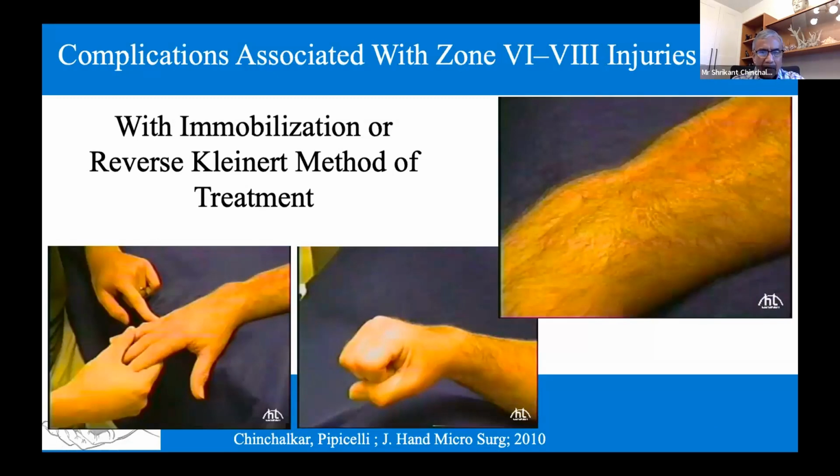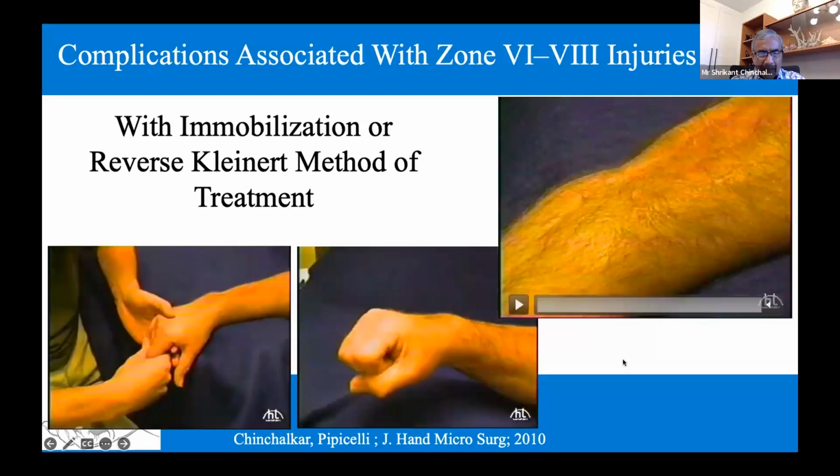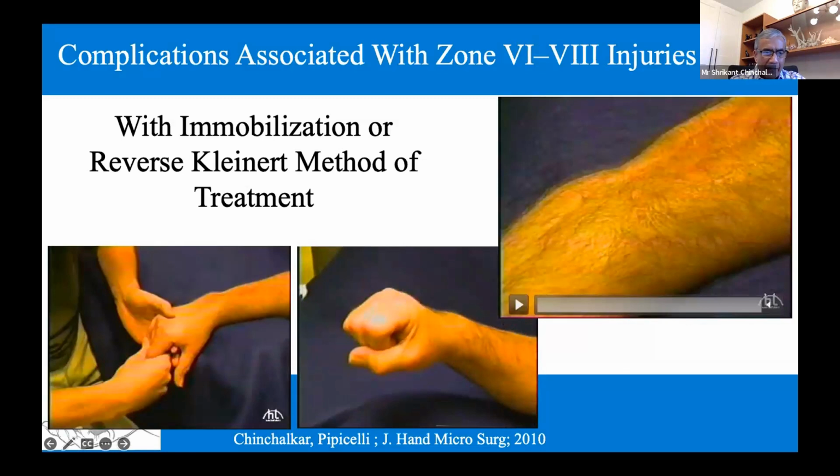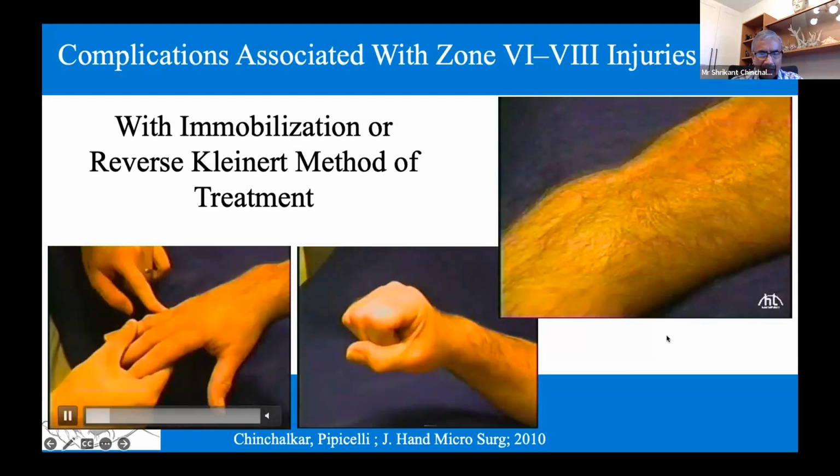So this is a patient who had extensor tendon repair proximal to the extensor retinaculum, and the patient is here showing limitation in terms of wrist flexion and finger flexion. And of course, here the patient is demonstrating difficulty moving one finger at a time.